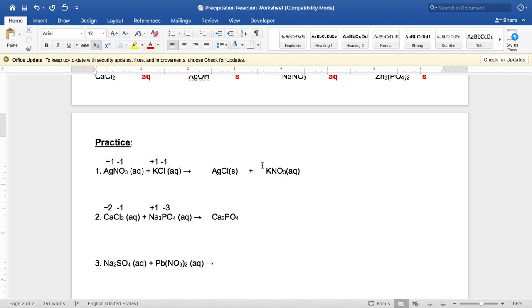So what I need to do is put parentheses around that PO4 and then give it the 2. Remember, if you ever have multiple subscripts, you must protect the polyatomic ion with parentheses. So calcium phosphate is the first one.